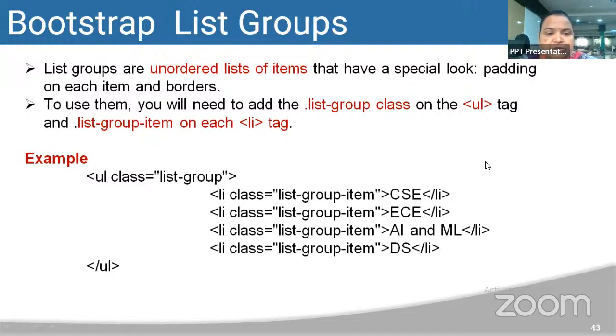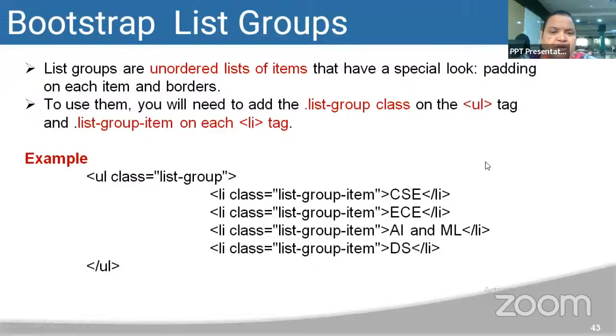For list items you use the LI tag. The same tags are used here, but you use different classes. In the list group, you always use the unordered list only. In Bootstrap, you do not use the ordered list at all, only the unordered list.